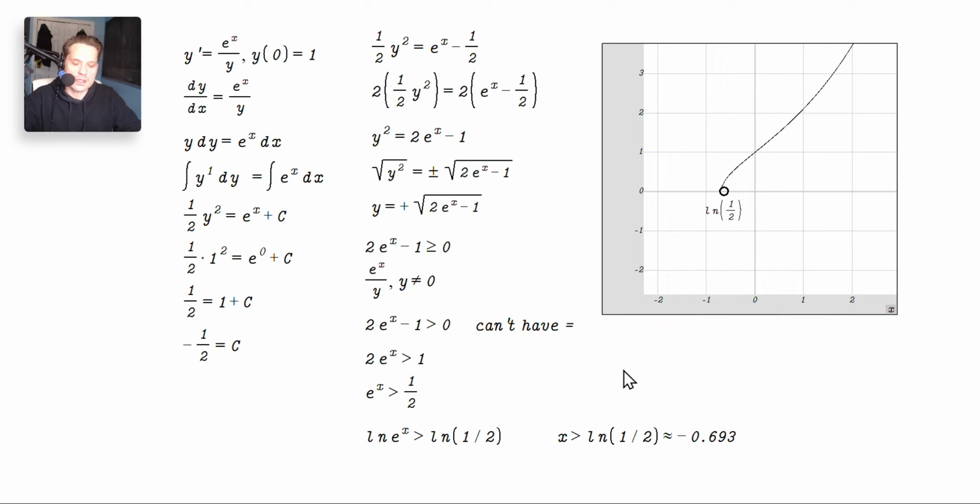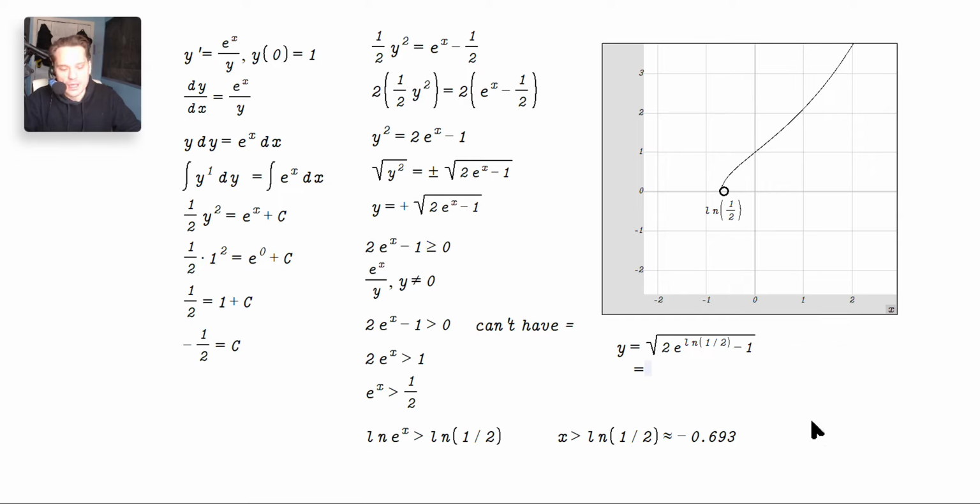One more time, let me repeat. If you plug this in here, then look what happens. y would be equal to the square root of 2e to the ln of 1/2 minus 1. That is if you were to use ln of 1/2 itself, by using the equal to part from this inequality.